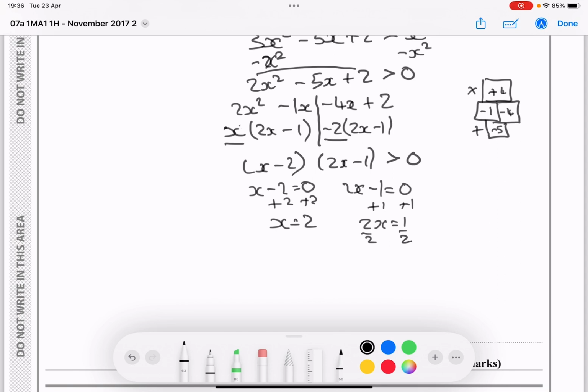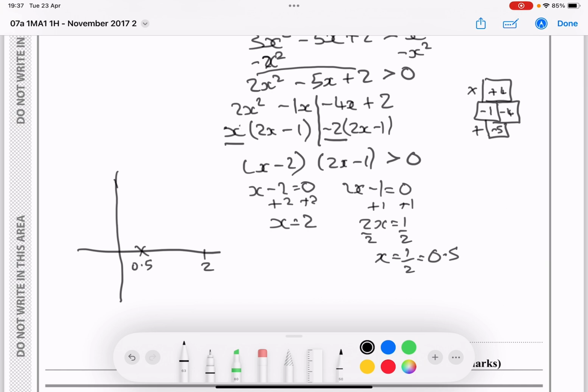Divide by 2, x equals a half. Probably you will think of it as 0.5. So these are my two roots. So what I then do is a little sketch over here. I've got a root at 0.5. I've got a root at 2.